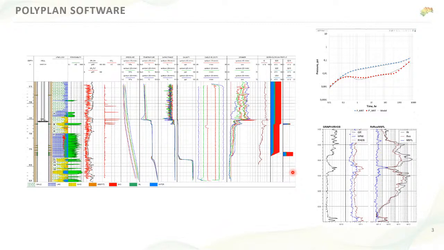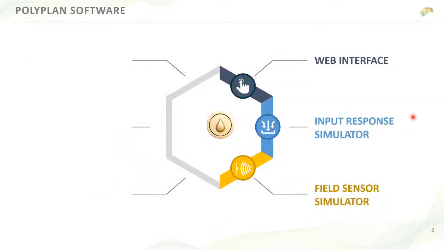Or you could even simulate channeling behind casing based on the pressure drawdown and stuff like that. You can look at pressure buildups, and again, these are the open hole logs which you can see. So that was the field sensor simulator part of it.